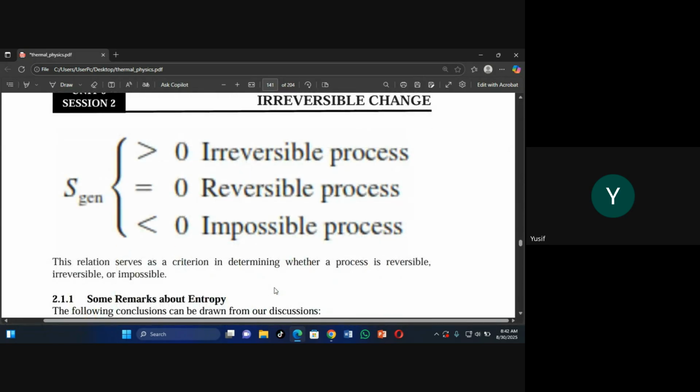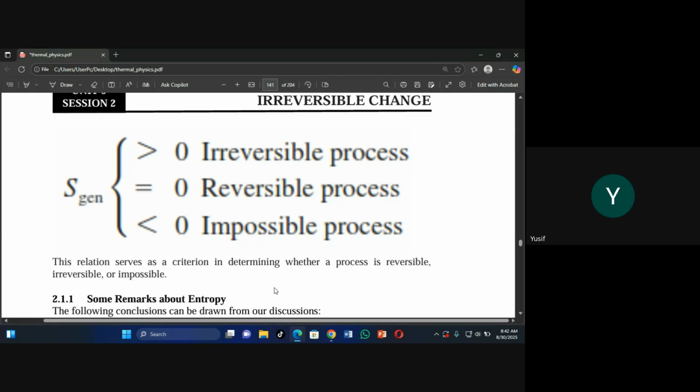So this is the piecewise expression for the entropy generation. So when the entropy generation is greater than 0, then we are talking about an irreversible process. And when the entropy generated is equal to 0, then we are talking about a reversible process. But when the entropy generation is less than 0, then we are talking about an impossible process.